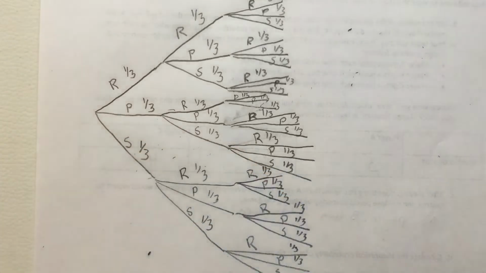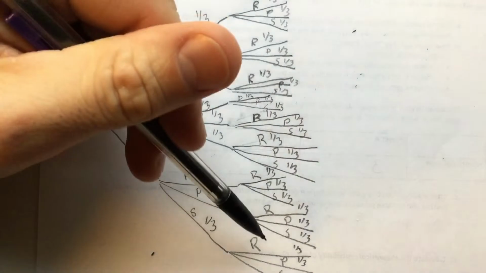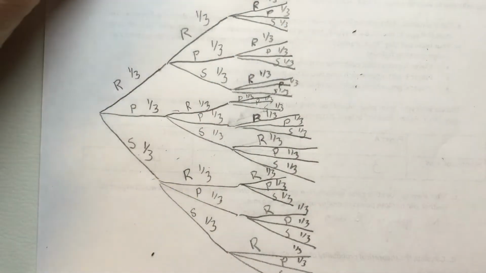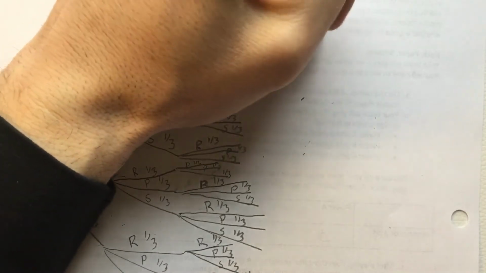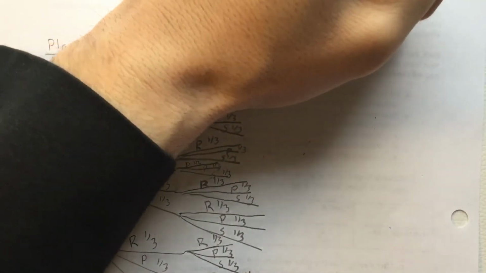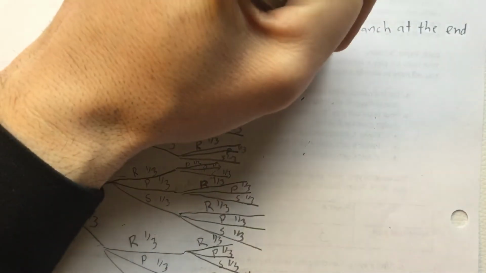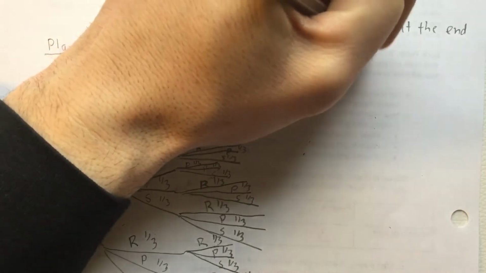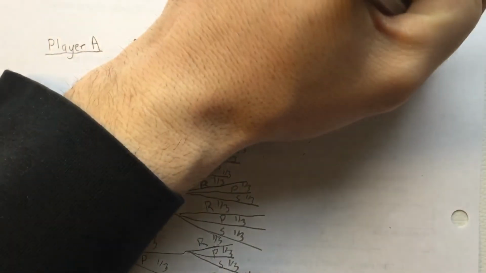All right, so now that I have that tree diagram, here's what we need to know. The total number of branches at the end is our total number of outcomes. So we can write this up here. Number of branches at the end is the total number of outcomes.